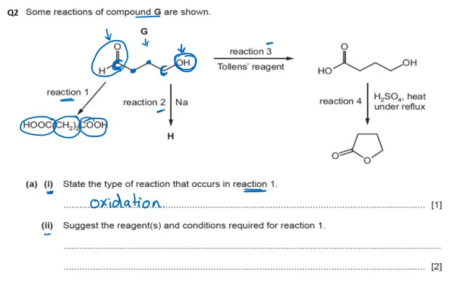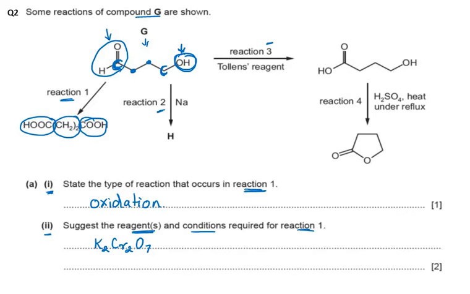The second sub question says, suggest the reagents and conditions required for reaction 1. As we know now that it's an oxidation reaction, what's an oxidizing agent? The best oxidizing agent is potassium dichromate. So we can say K2Cr2O7, or we can write it in words, potassium dichromate.